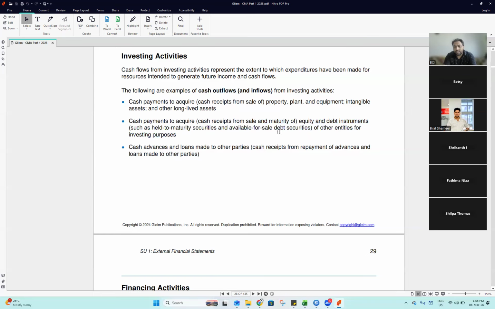Or cash receipts from the sale and maturity of such as held to maturity securities and available for sale debt securities of other entities for investing purposes. Either you buy some shares or debentures of another company, then that's cash outflow. If you're selling those, then these are the cash inflows from those activities. Then cash advances and loans made to other parties, and cash received from repayment of advances and loans made to other parties, are investing activities.